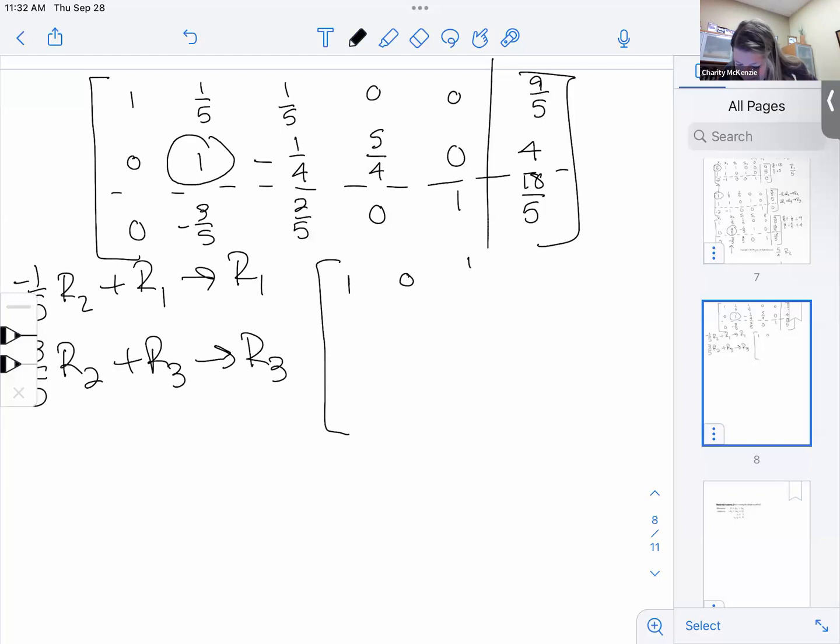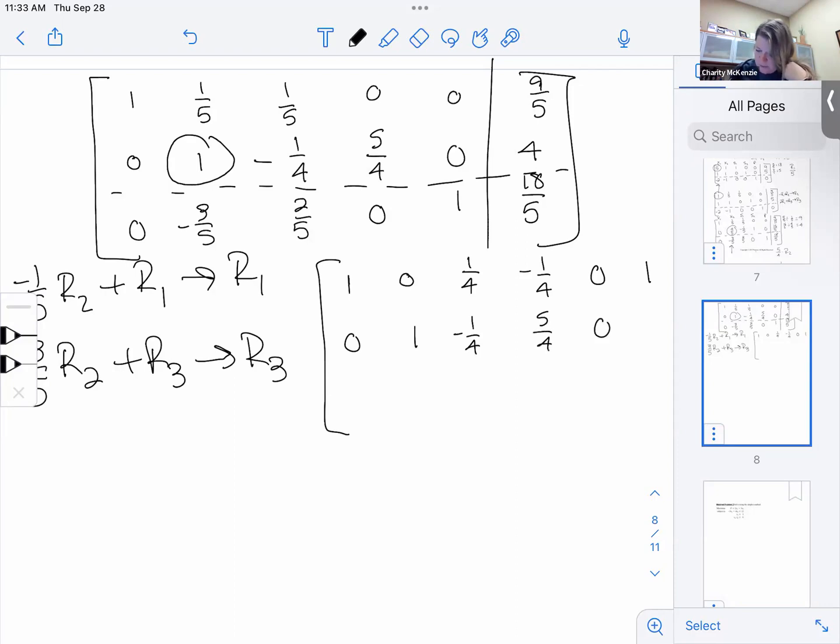Thank you, calculator. And then times row 2, a negative 1/5 times 5/4 is going to be negative 1/4. And then the 0 times 0 plus 0, and then I have to do the 4. So 4 times negative 1/5 is negative 0.8, and then I'm going to add that to 9/5, and I got 1. That one worked out pretty. Middle road stayed the same.